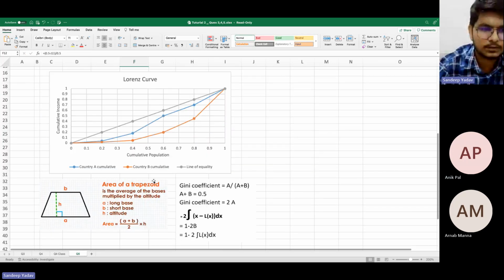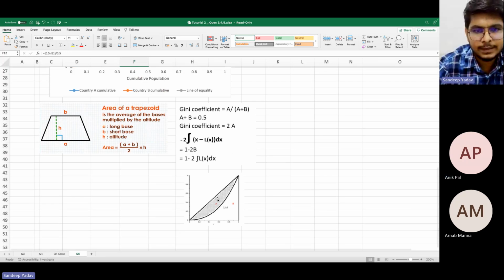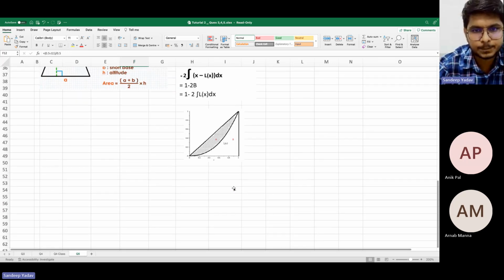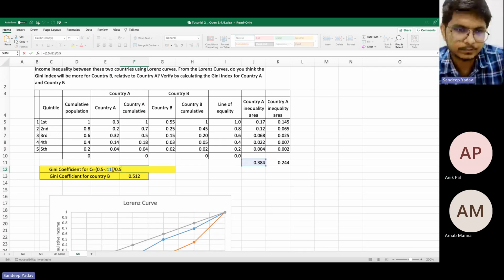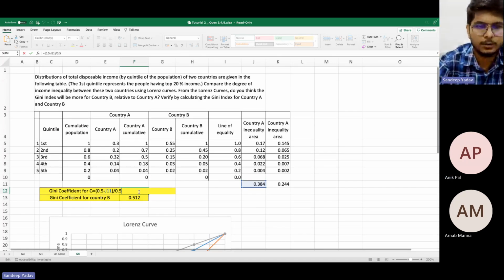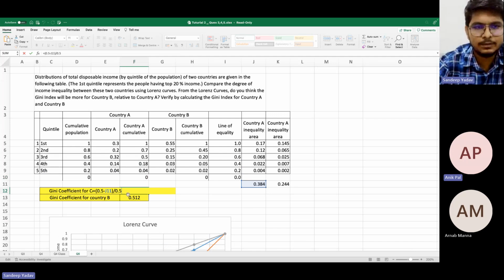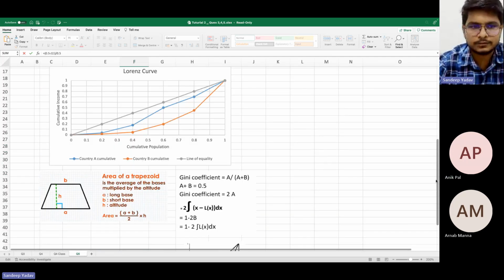As we know, the Lorenz curve is A upon A plus B. This is the whole area, and we have calculated the area B. The whole area will be 0.5, and A minus B will be 0.5 minus the area under the curve.